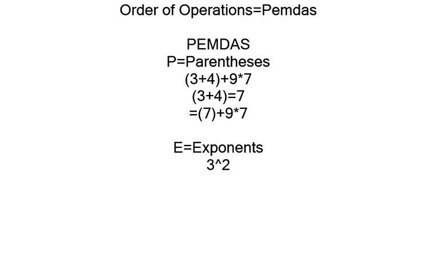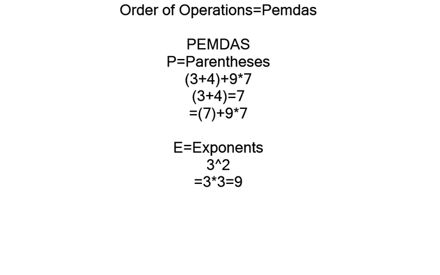In this, the exponent would be 2, because you're raising 3 to the power of 2. 3 to the power of 2 is the same as 3 times 3, which is 9. So 3 to the power of 2 equals 9.